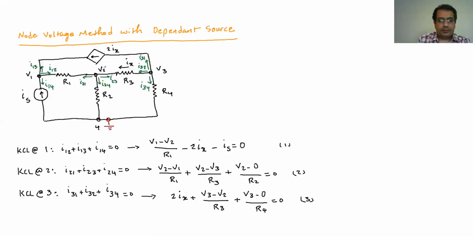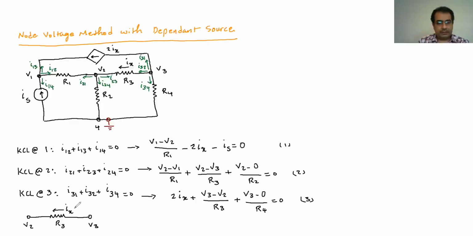If I grab this part and bring it out, I have V2, then I have the resistance, and then I have V3, and I know that's the Ix. Again, I don't know how much Ix is, but I know the current is Ix in that R3 that I have here.